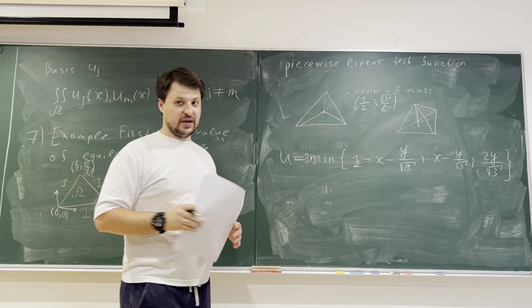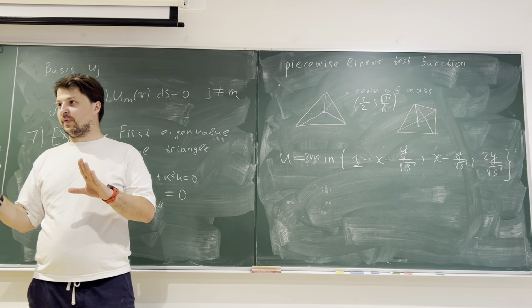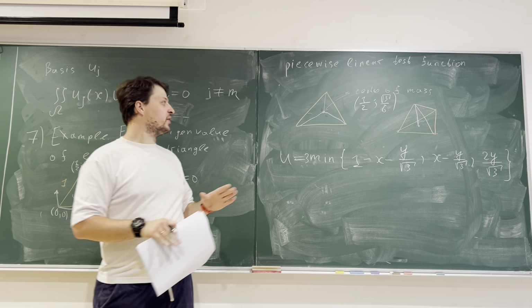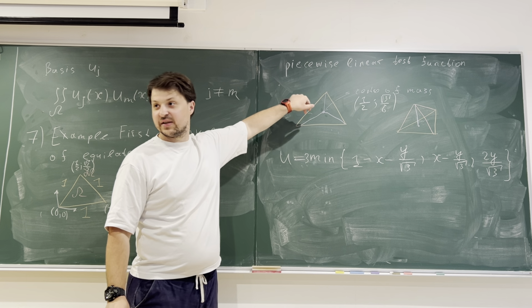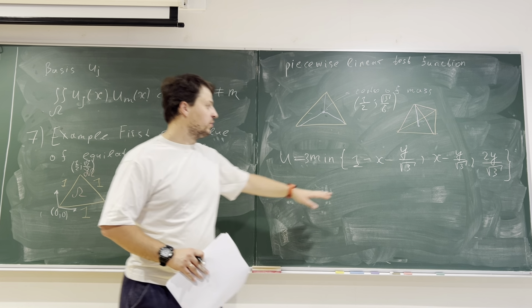It's just 3 planes, and they all intersect somewhere, and then I jump from one plane to another depending on the domain.